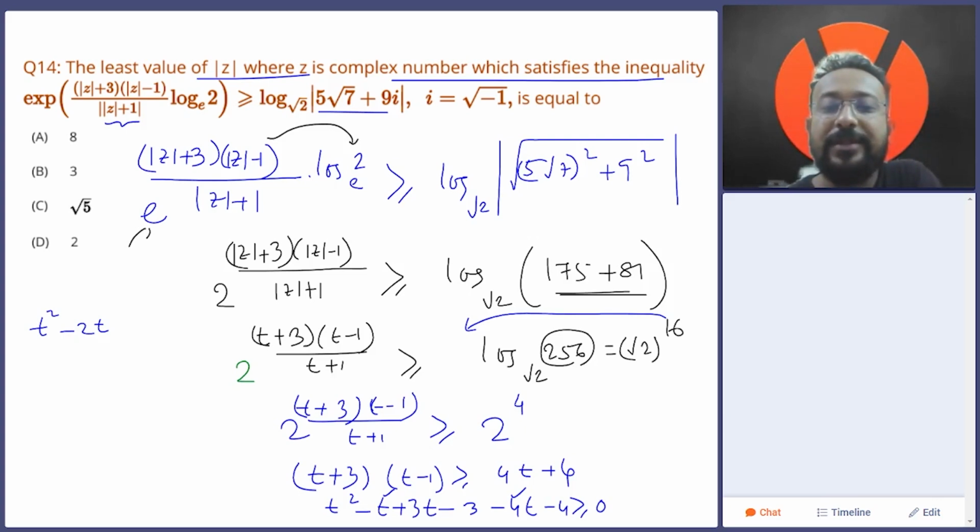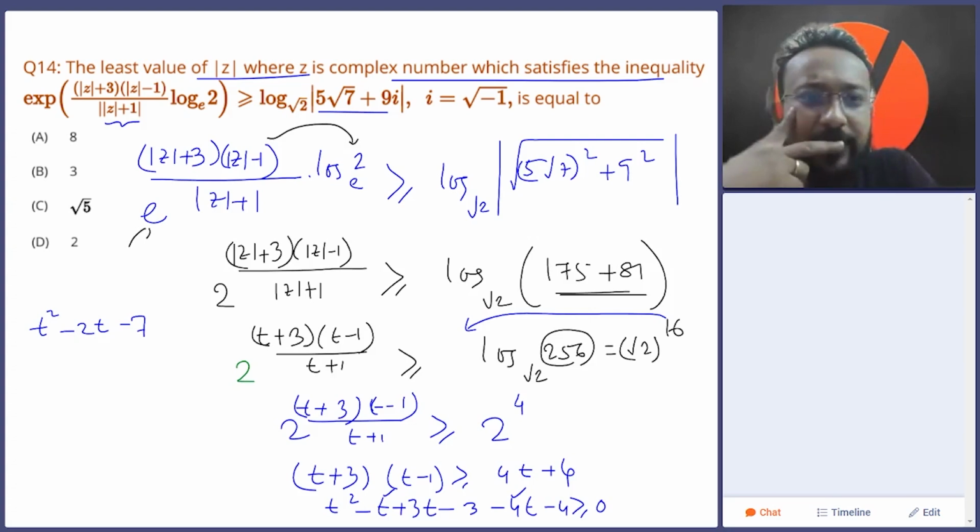So t square plus 3t minus t, t square minus t plus 3t is obvious, minus 2t. It is coming out to be minus 7. I think some flaw has happened. Okay, let's see. E to the power log of 2, so this is 2 to the power this.